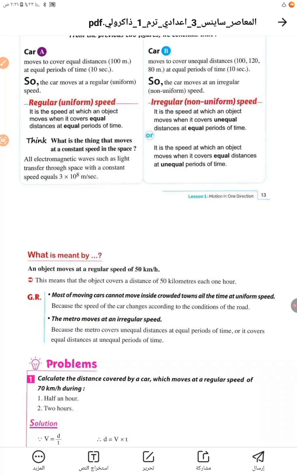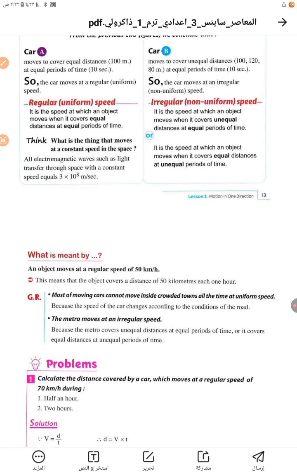It says: think, what is the thing that moves at a constant speed in space? All electromagnetic waves such as light transfer through space with a constant speed equal to 3 multiply 10 power 8 meter per second.